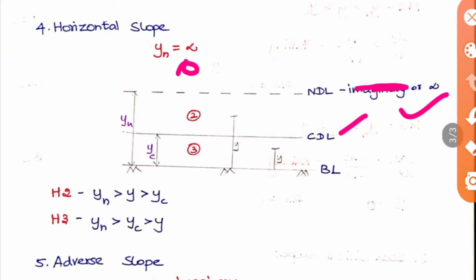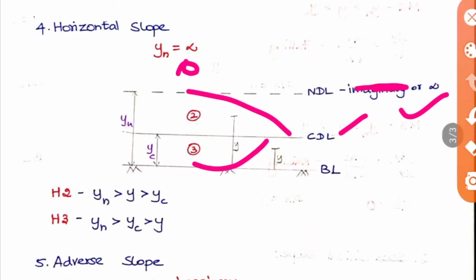Okay, so you can take the same examples there, but the slope is horizontal here, because the profile in this diagram, that is H2 and H3, will be similar to that. So the profile for H2 will be like this, and for H3 it will be like this. We saw it is similar to M2 and M3 but in the reverse direction, that's all.